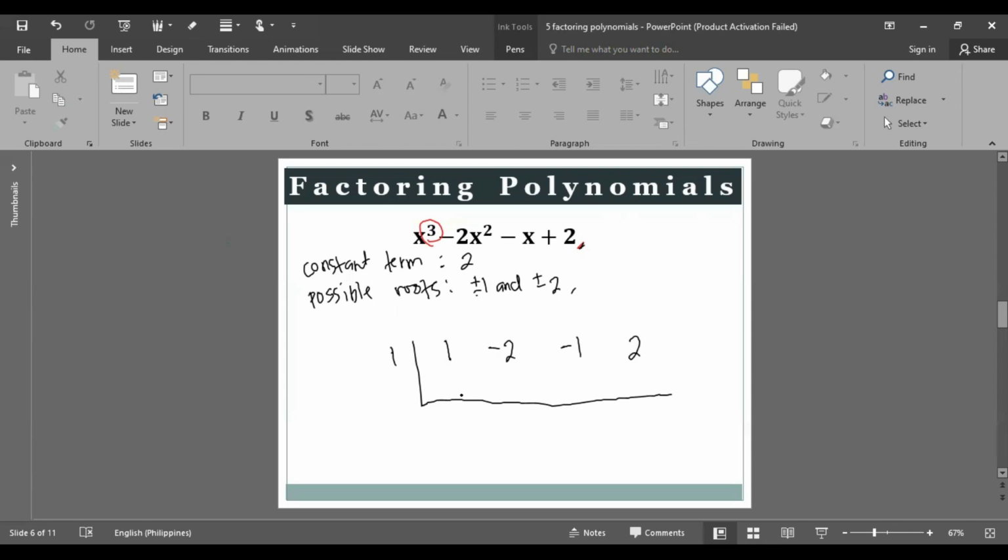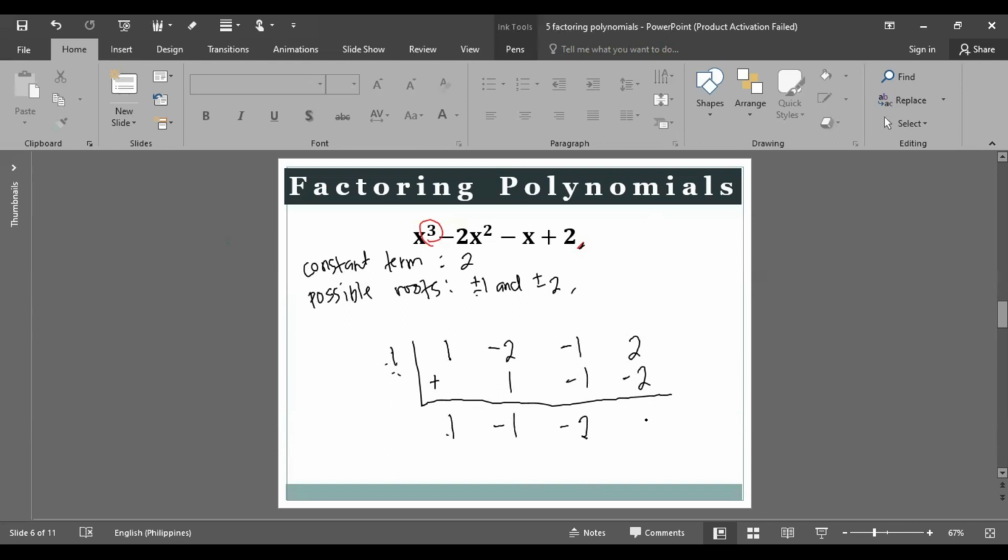So perform synthetic division. Bring down 1. Multiply 1 by 1, it's 1. Perform addition, we get negative 1 here. 1 times negative 1 is negative 1. Perform addition, we get negative 2. 1 times negative 2 is negative 2.